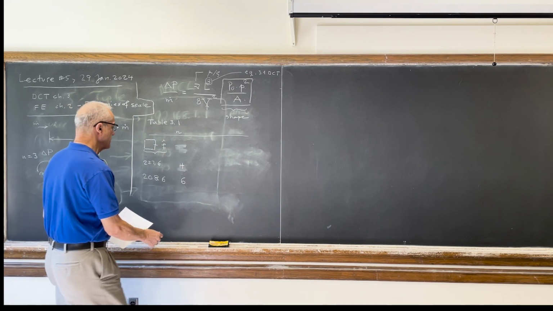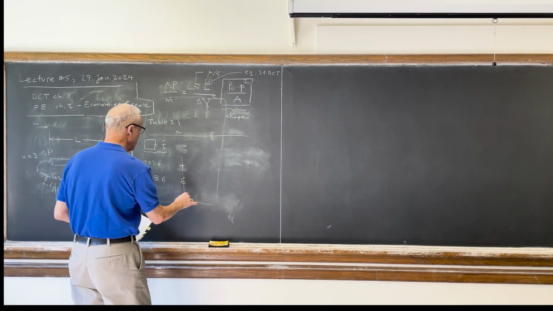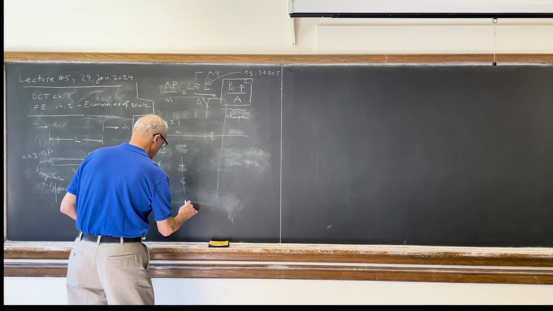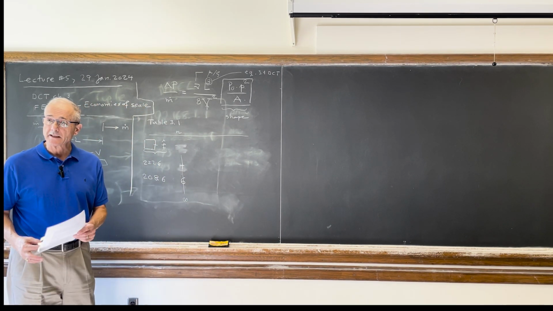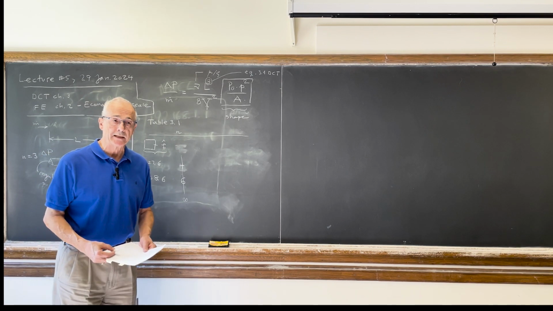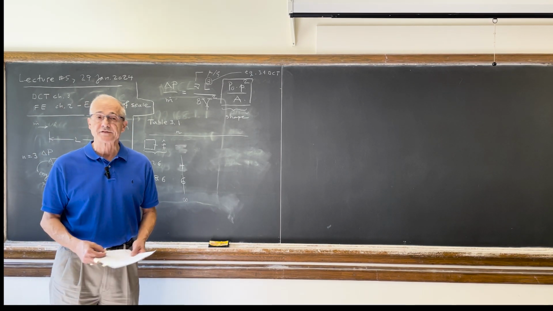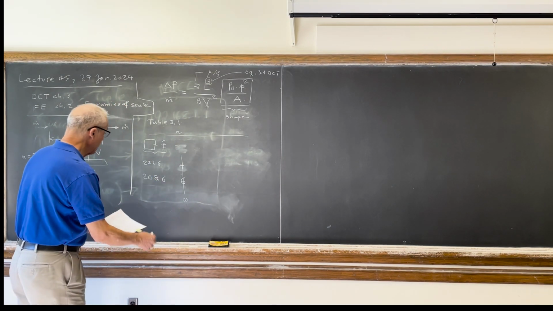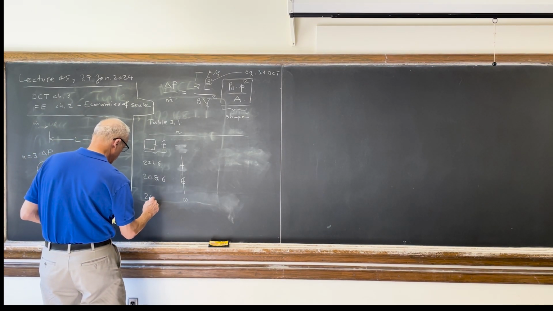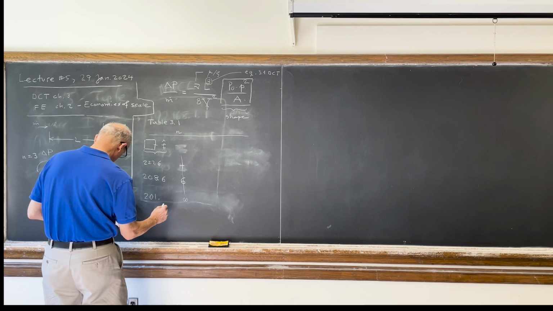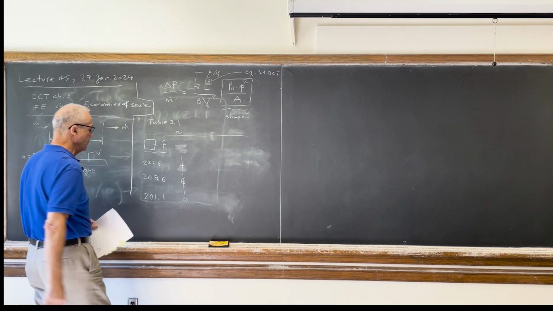In this direction of increasing number of sides, of course, you can place yourself in the corner of the round tube, and that is a regular polygon with an infinite number of sides. In that limit, the number on the left-hand side is 201.1.